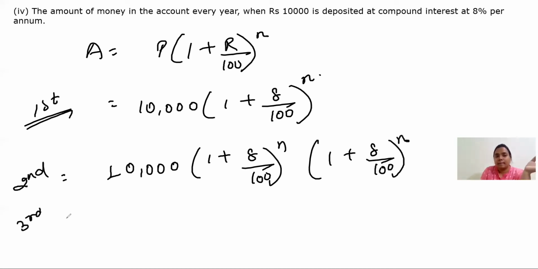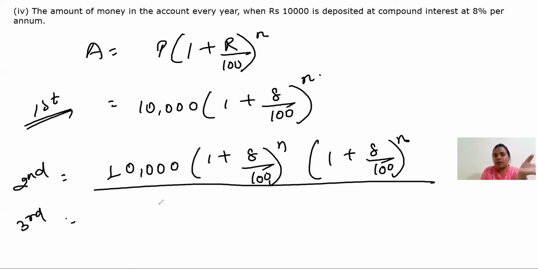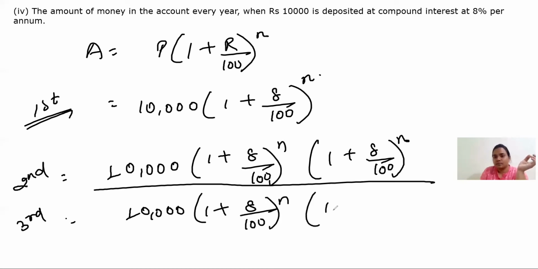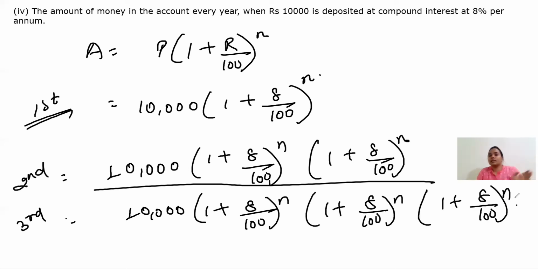For the third year, this will become my principal and my amount in that year will be like this. So in this case, we are not adding the same number. We are multiplying the same number in every subsequent year, so it is not an AP.